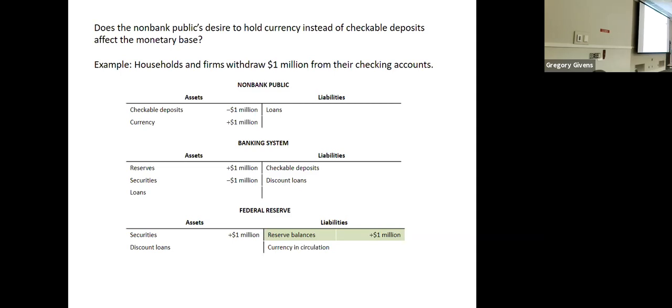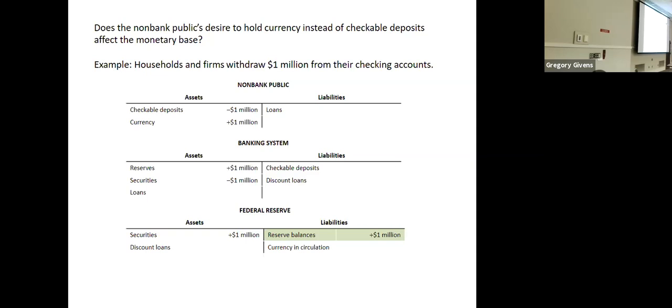How does that action, that withdrawal of $1 million from our checking account balances, affect the T account or the balance sheet of the banking system? Any guesses? Well, something's happened to checkable deposits, and so there's going to be a change in liabilities for the banking system, right? If checkable deposits have gone down by $1 million, that represents $1 million less in liabilities for the banking system.